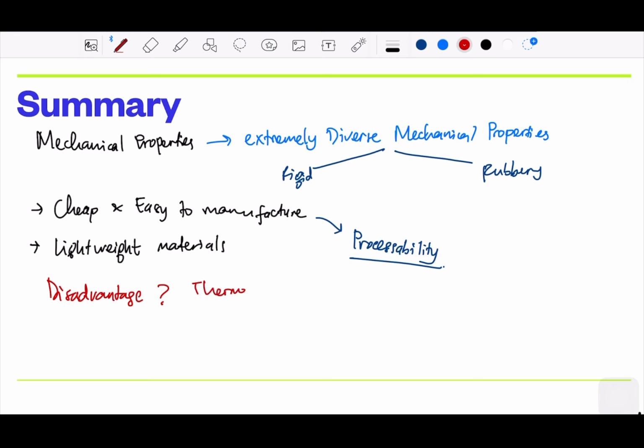Thermal. Some of them are prone to solvent attack. Okay. Solvent attack. Prone to solvent attack. Okay. What else?